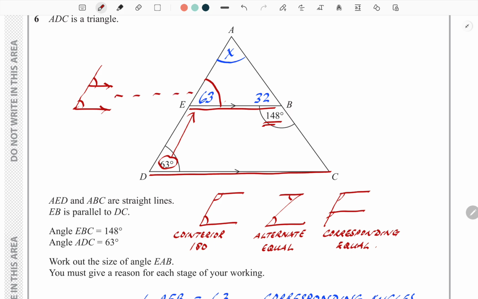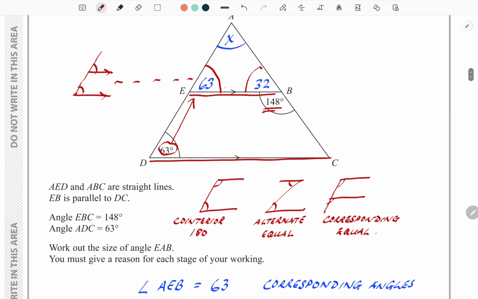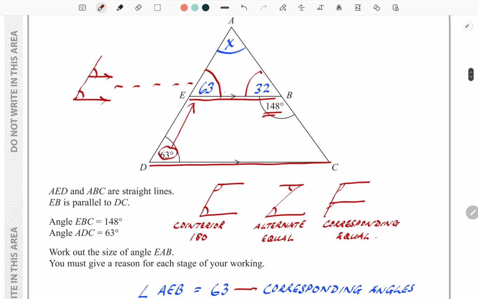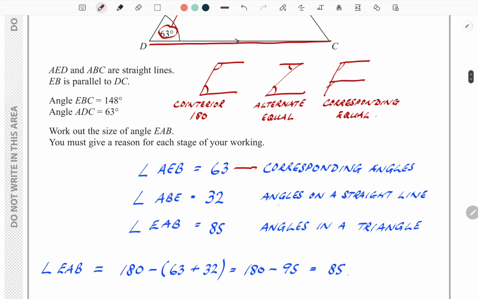So that's what's used for that particular rule. So that's 63. On the right-hand side, we know that this angle here, 148, and this angle here that I've put in as 32, are on a straight line. So straight line angles add up to 180. To get the marks on this one, state that angle AEB equals 63 using corresponding angles, and then angle ABE, which is the 32, comes from the rule that angles on a straight line add up to 180.